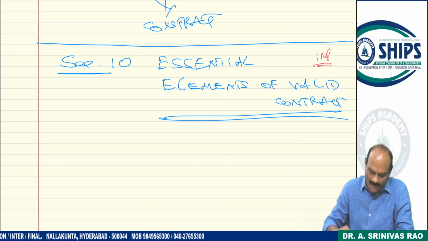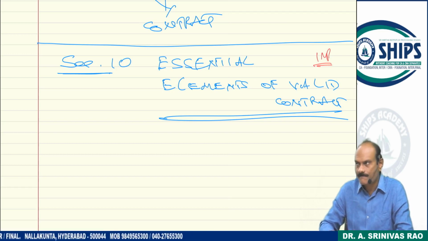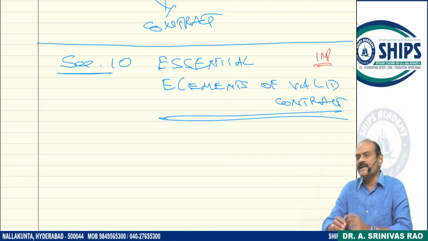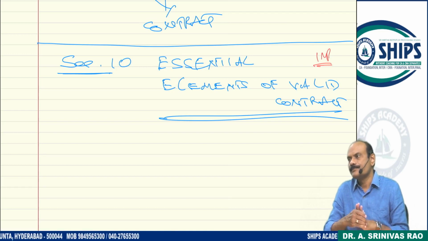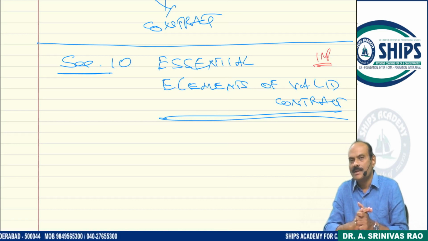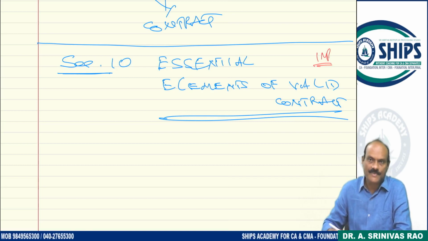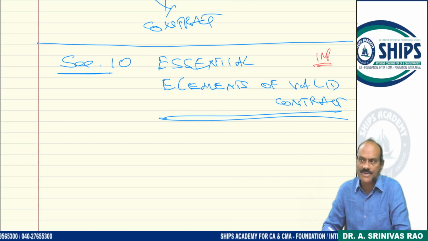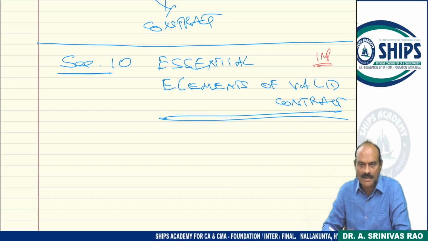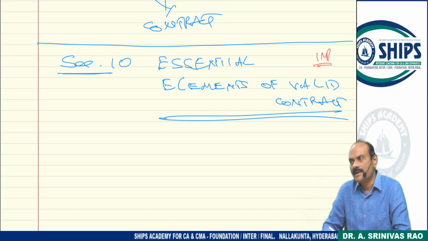First one, offer and acceptance. Second, intention to create a legal relationship.